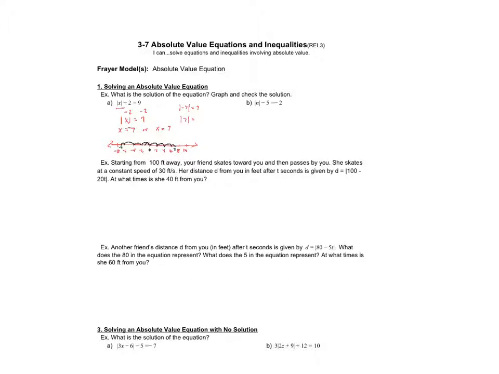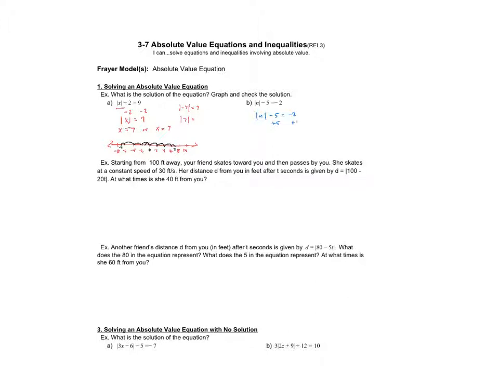Let's see here, going to the next example. Now this one can be tricky. It's not intended to be tricky, but we want to find the absolute value of n minus 5 is equal to negative 2. So the absolute value of n minus 5 is equal to negative 2.